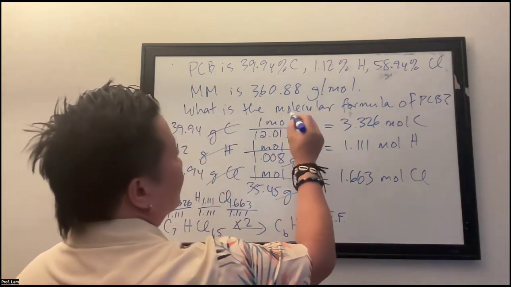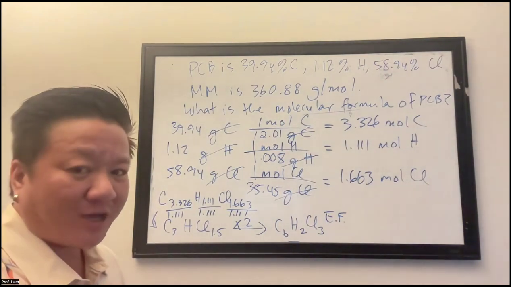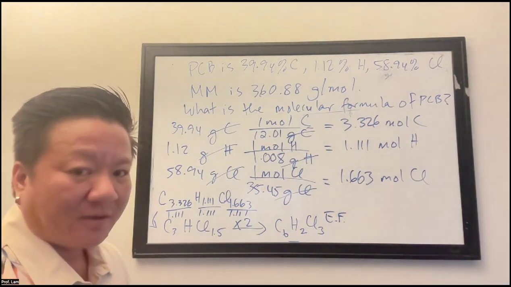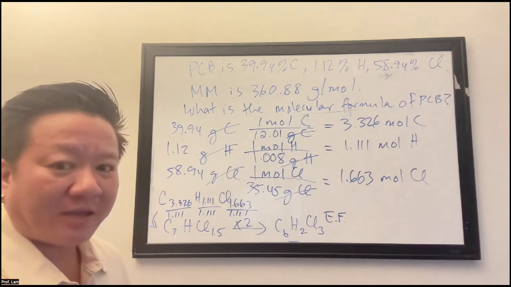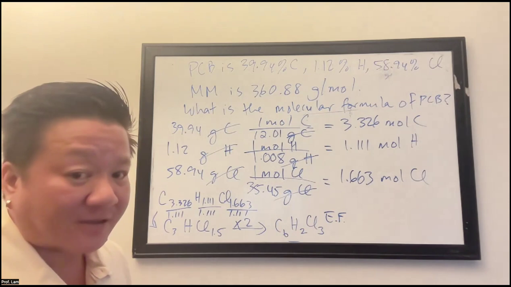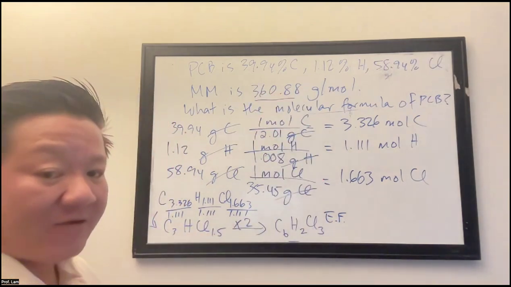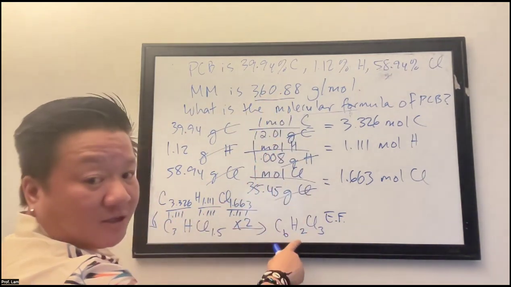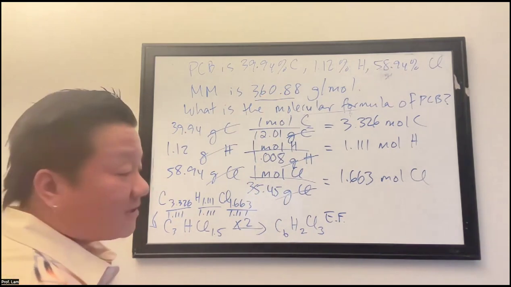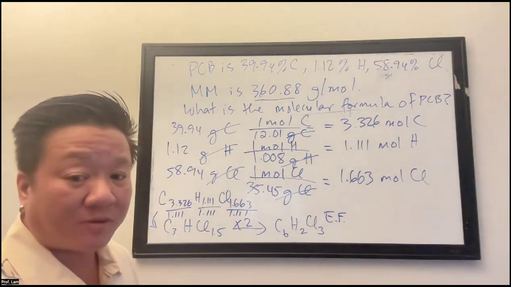But it doesn't want an empirical formula, it wants a molecular formula. So remember how they relate, right? They're a factor from each other. And the mass is the same factor. So it already gave you the big mass. If you take the big mass and you divide by the small mass, you should get that factor. So all you need to figure out is what is the small mass? What is the empirical formula mass?